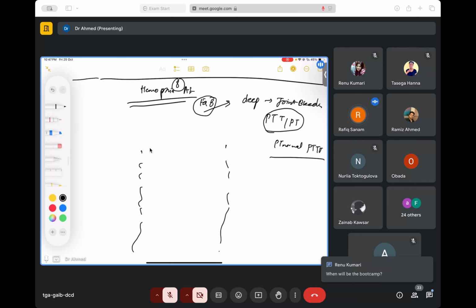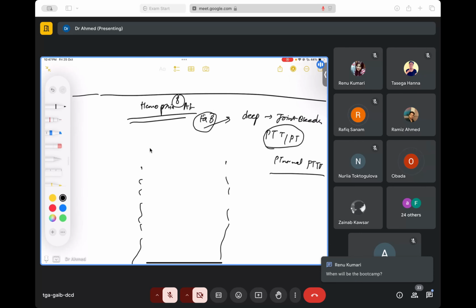Once you know that, you can easily identify which increases, which remains normal, and which decreases. What's the treatment option for them? Simply give them factor 8. What would be the presenting features? You would have some deep tissue bleeds, post-surgical bleeds, right?